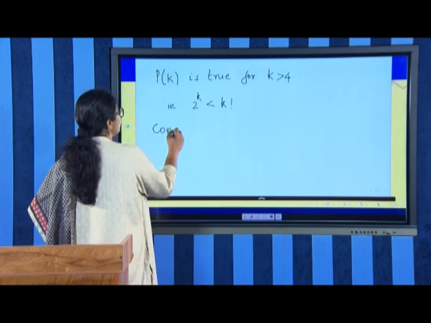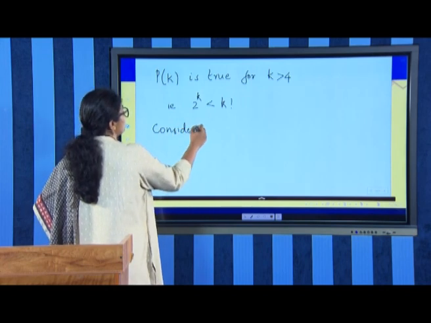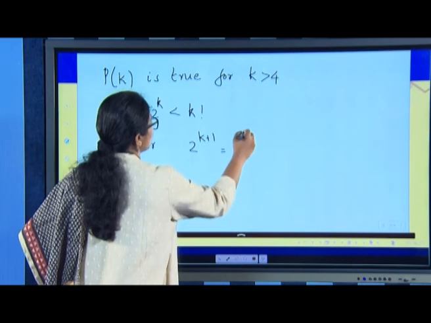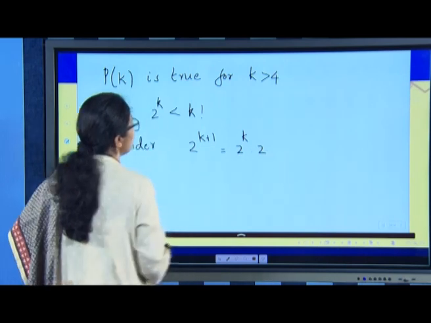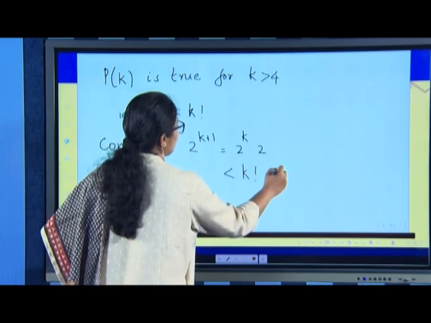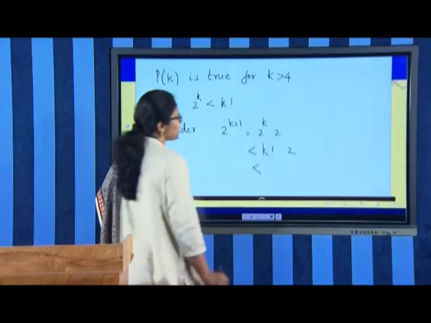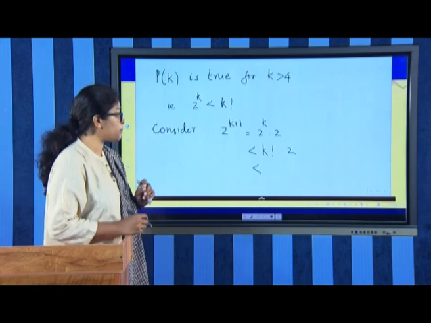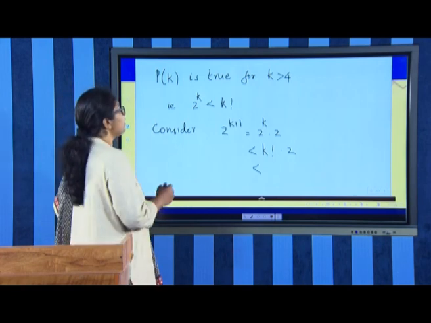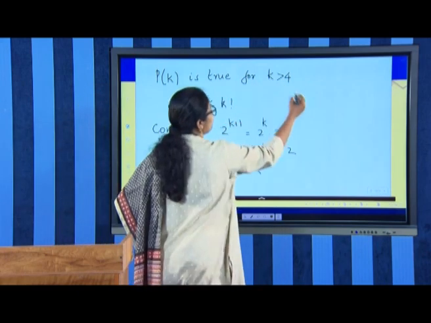Consider the case 2 power k plus 1, which is equal to 2 power k into 2, which is less than k factorial into 2. And as we have seen in the previous example, 2 is a number which is less than k plus 1, because k is greater than 4.